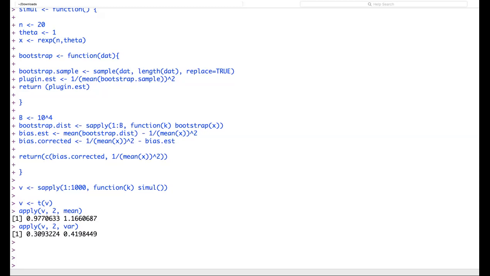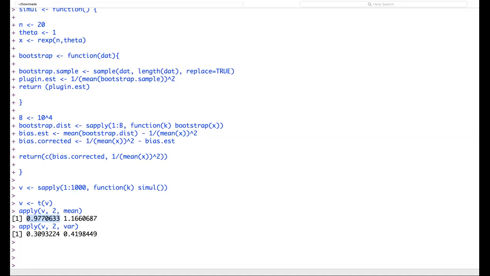Right, okay, so we have got the output here. As you can see, the bias corrected mean for the bootstrap bias corrected estimate is 0.977.